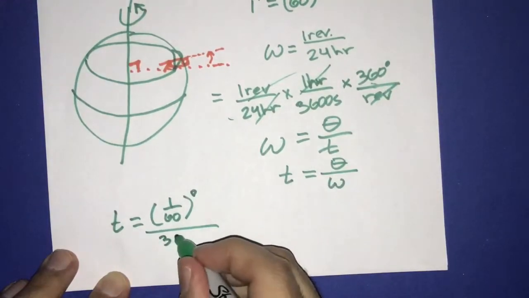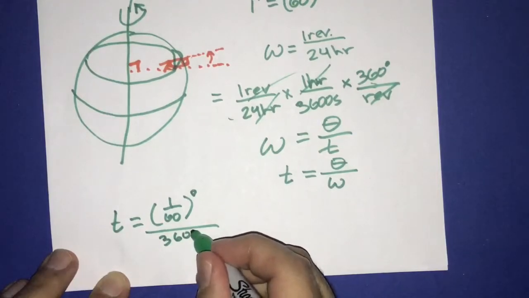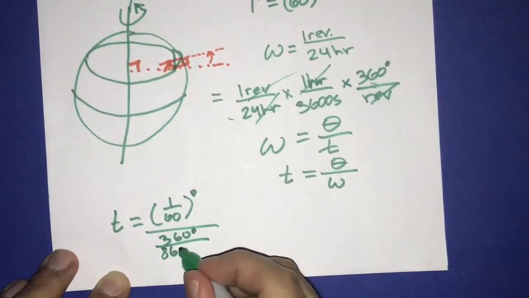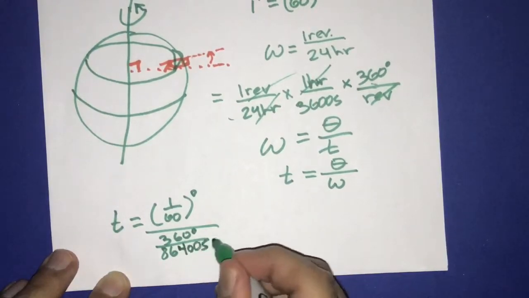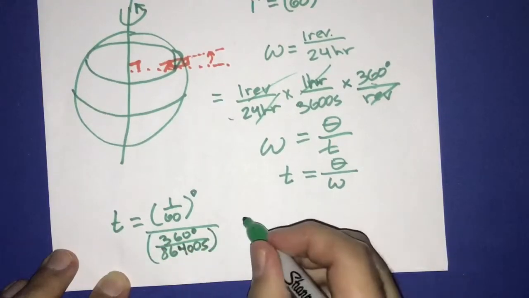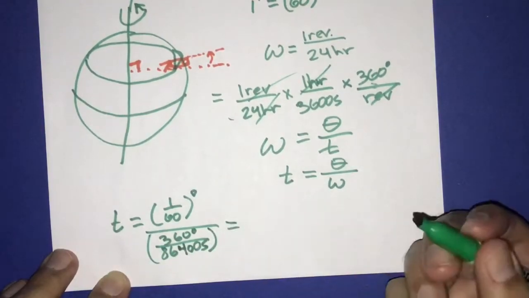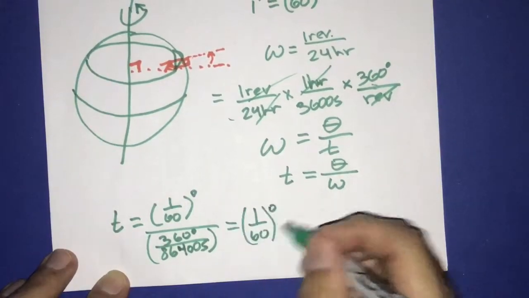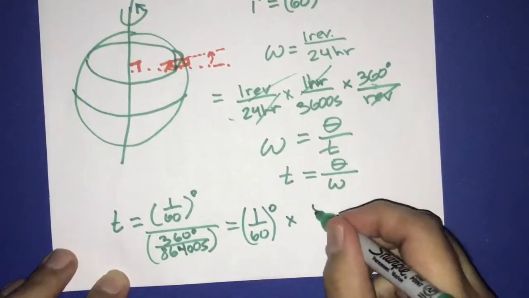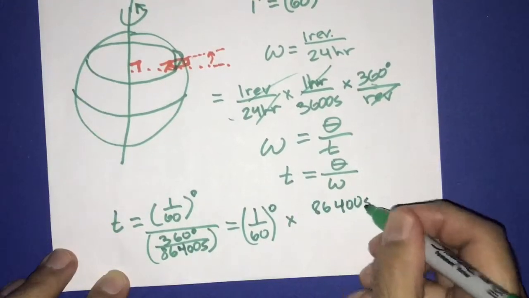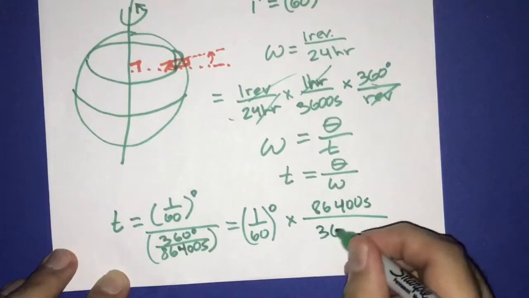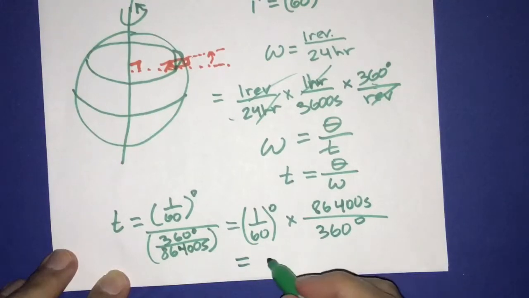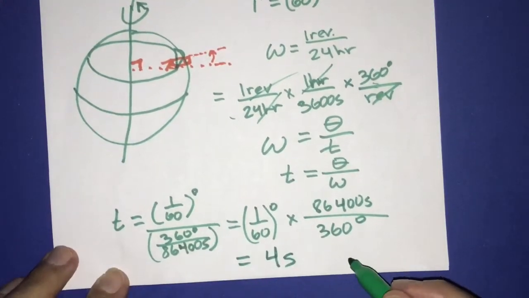So in the denominator we're going to have 360 degrees over 86,400 seconds. If we go ahead and divide, we're going to get 1/60th of a degree times 86,400 seconds over 360 degrees. Okay, so we see our degrees cancel, and if we go ahead and calculate this out, we see that it should take about 4 seconds.